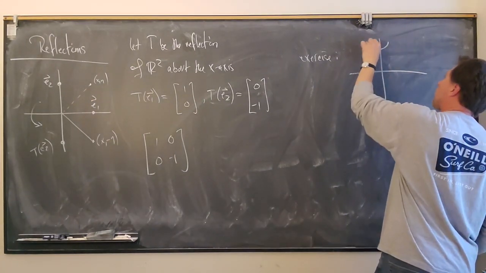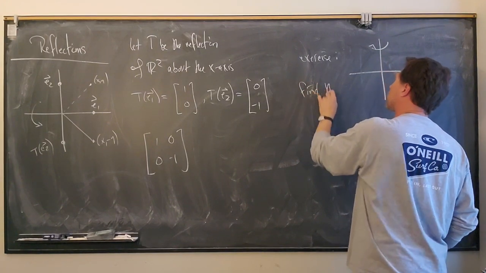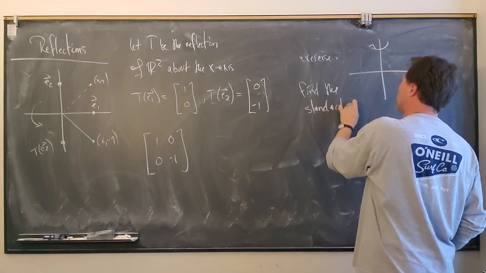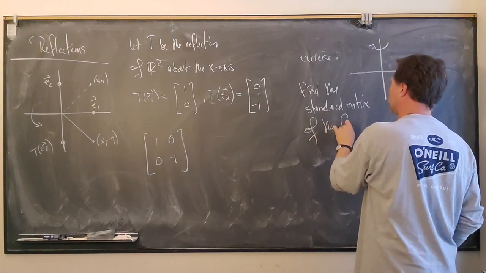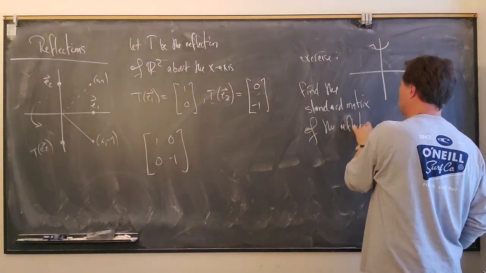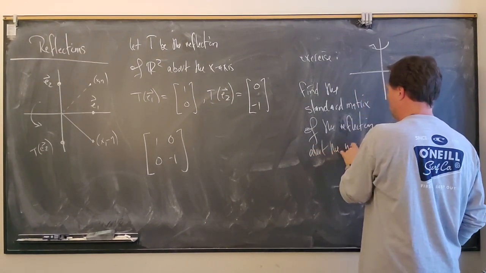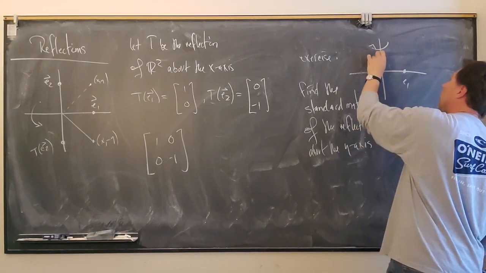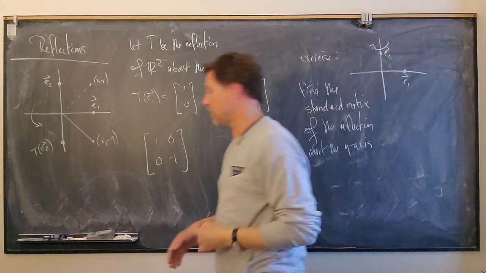Let's say find the standard matrix of the reflection about the y-axis. So what would you do? Figure out what happens to the standard basis vectors E1 and E2. Should be easy to write down that matrix.